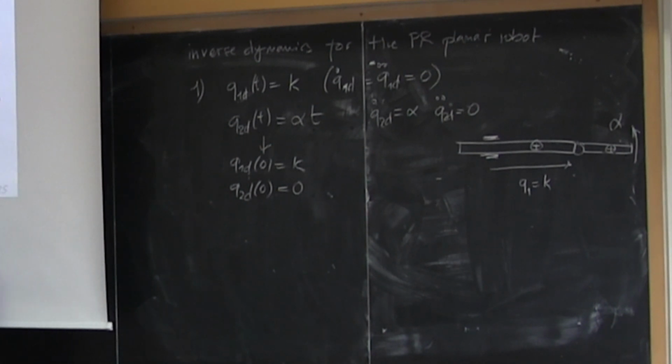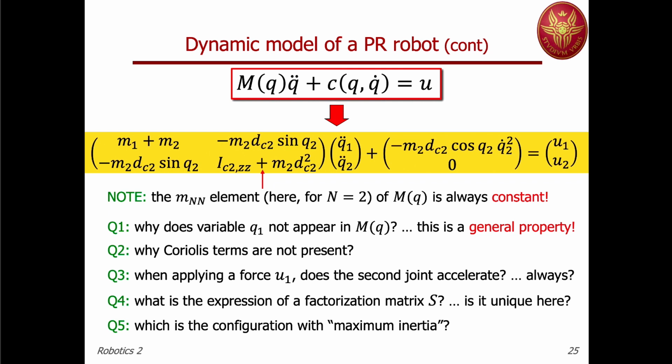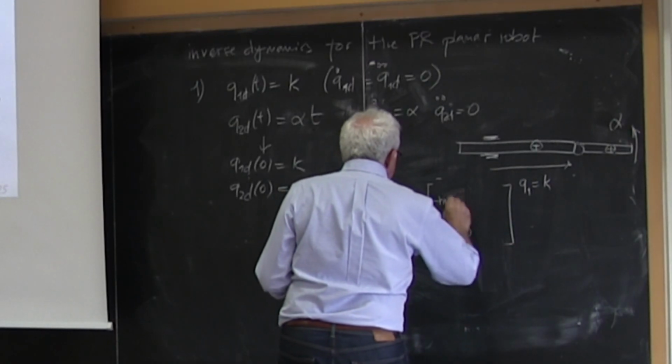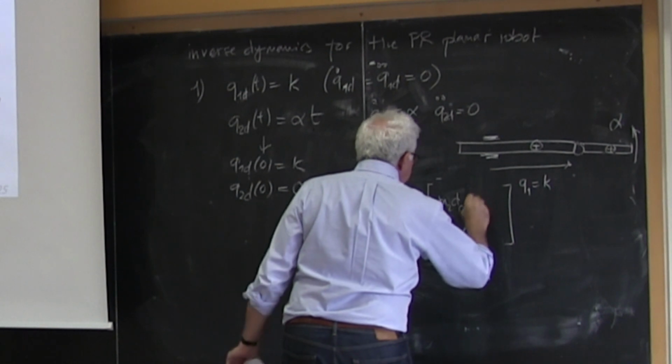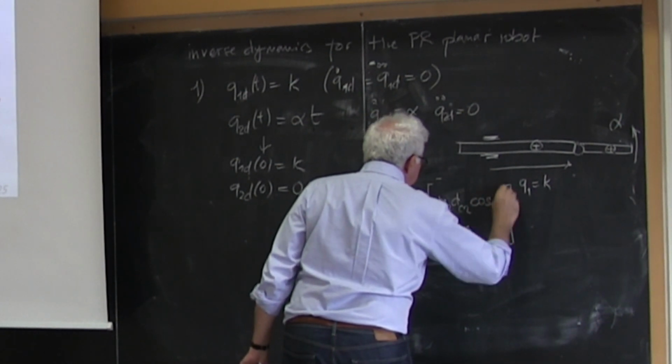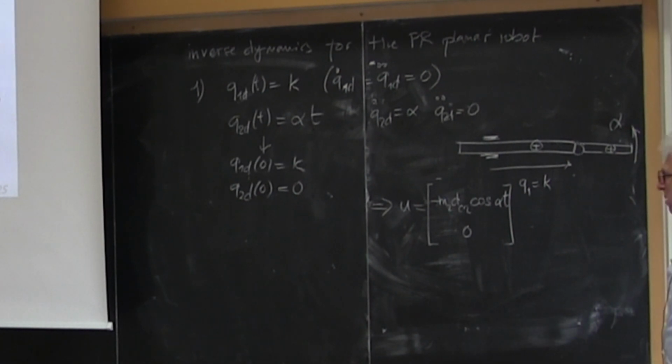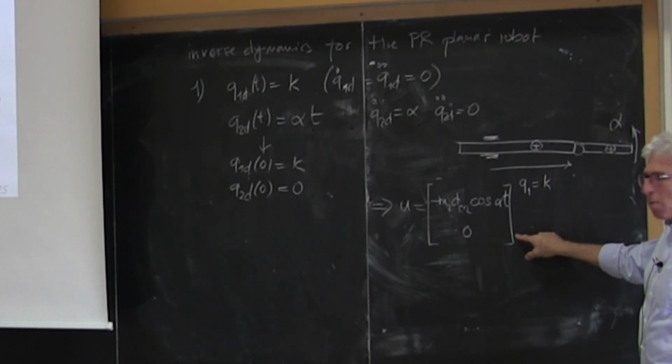Plug in on the left-hand side those values and look at the resulting u. Well, if we do this, we end up with a u which has this form: 0, minus m2 dc2 cosine of alpha t. Okay? So, comment.